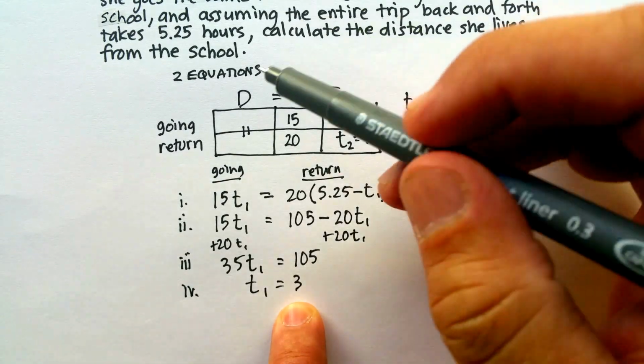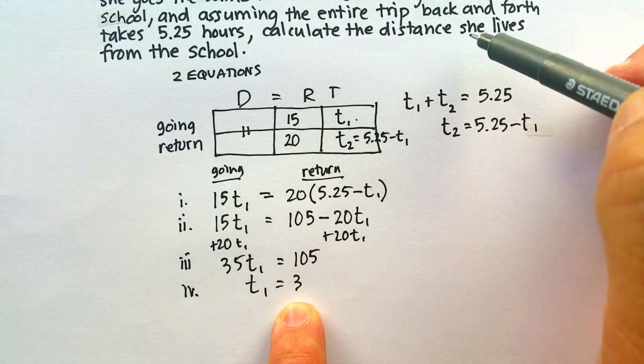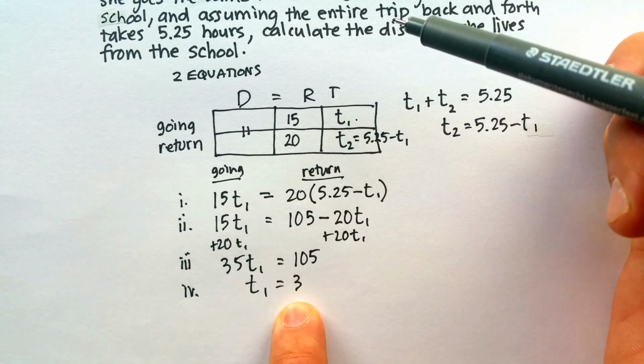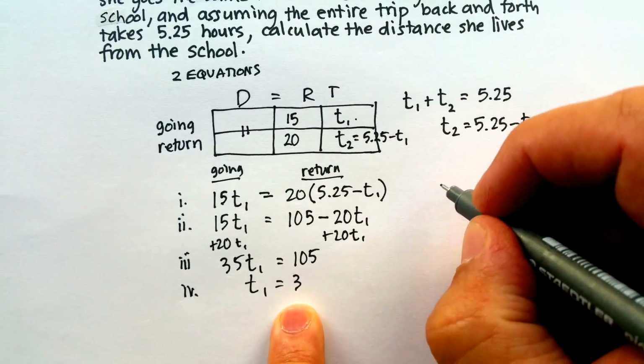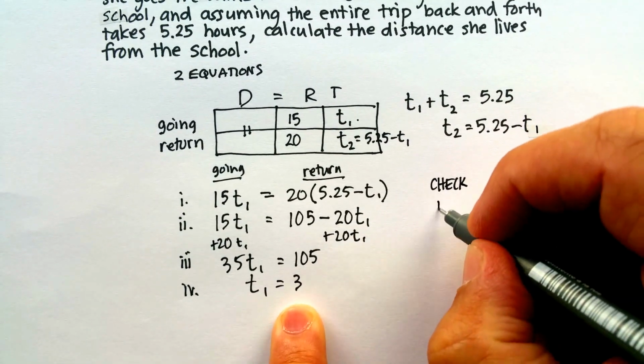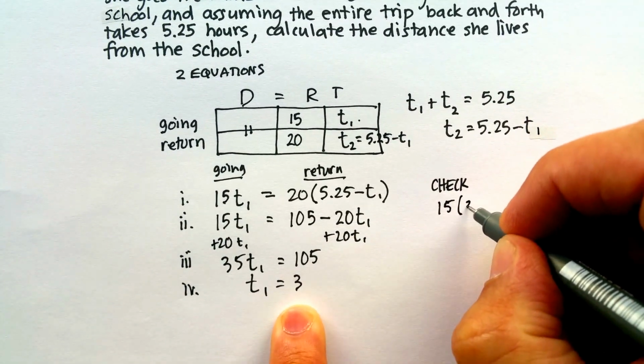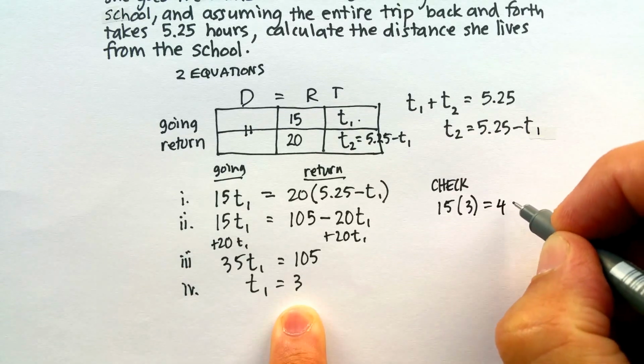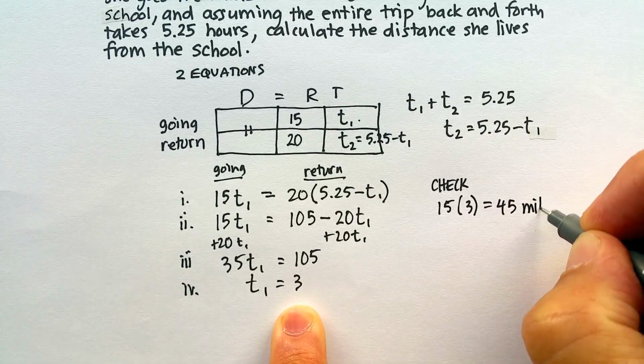But that's not the question, right? The question is, calculate the distance that she lives from school. So let's check this. 15 times 3 hours is 45 miles.